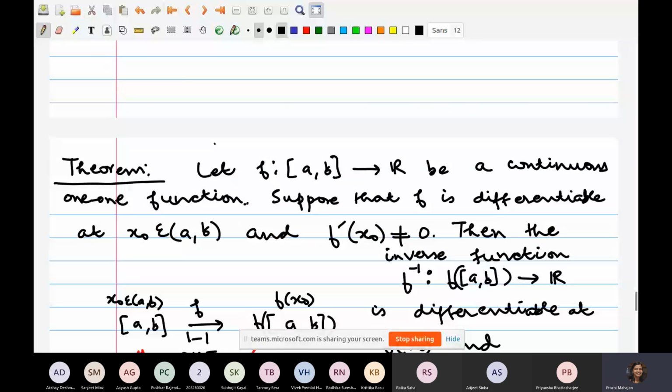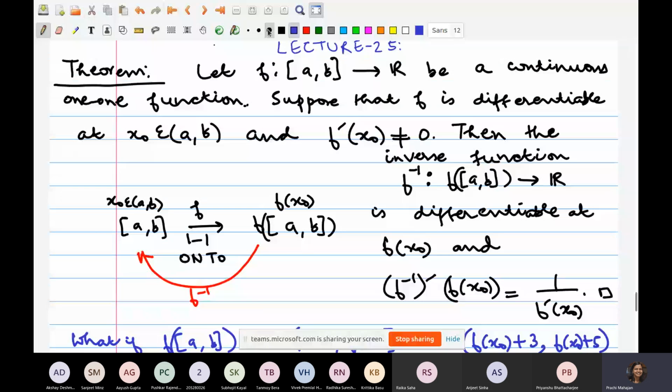We were in the midst of the following result. Let's recall where we were and what progress we had made. Suppose I have a continuous function f defined on a closed and bounded interval [a, b], taking values on the real line.